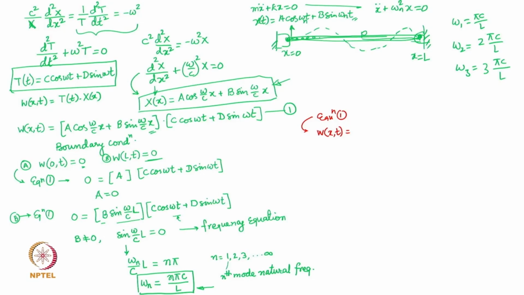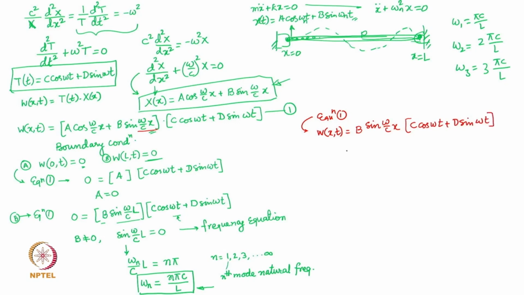B of course is still an arbitrary constant, but sin(omega by c x), I have been able to get the frequency equation using the second boundary condition, but as a general solution I am still writing this as C cos omega t plus D sin omega t.